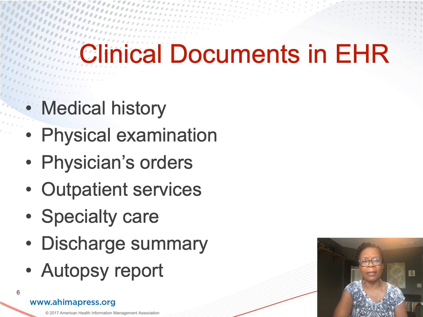And then last but not least, the autopsy report. This provides detail of the examination of a body after death to determine the cause of death. Now, this report is also called the corpse or post-mortem examination report.